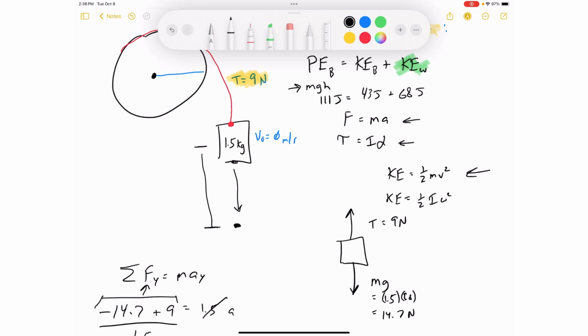So I didn't actually need to know the radius of the wheel, or how the mass is distributed. All I had to know is how much battery we used, 111 joules, and how much of that energy was used up by the block. Well, 43 was used by the block, so the remainder had to be the kinetic energy of the wheel. Just process of elimination.